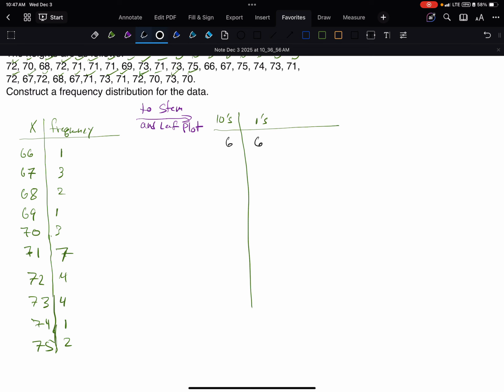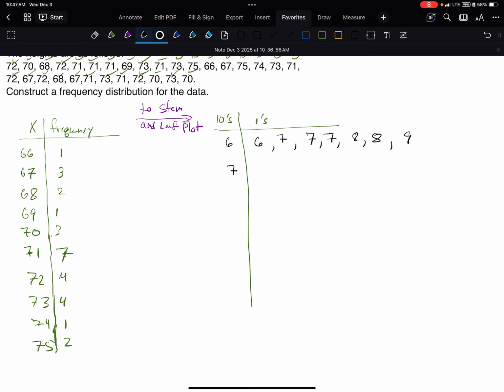Then I'd have a 67. I'm going to put commas in between my numbers. 7 and 7 for my 3 sevens. I'd have 8 and 8 for my 2 eights. I'd have 9 for my 1 nine.